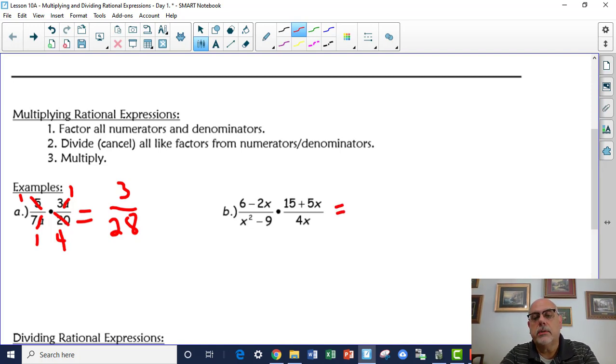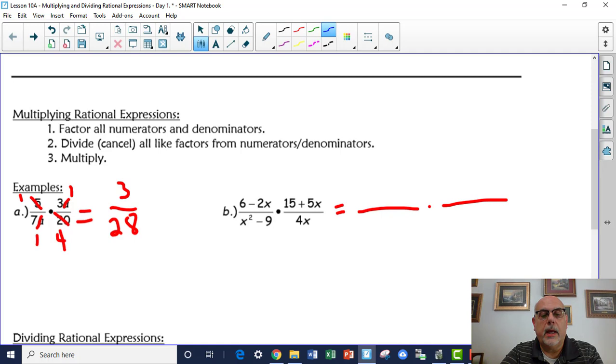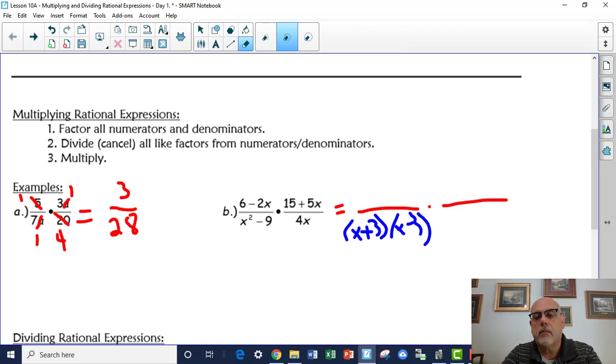So we're going to factor as we go. All right. X squared minus 9 is x plus 3 and x minus 3. Now let me fix that.